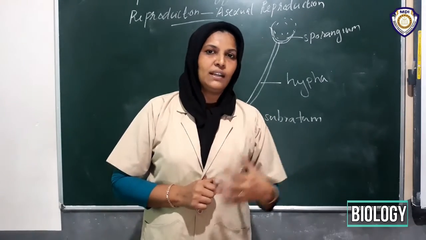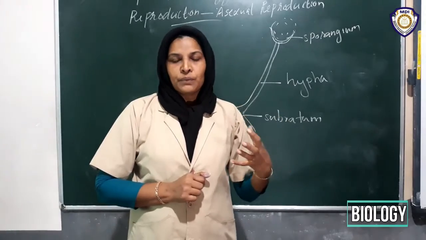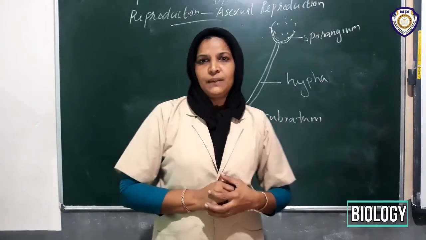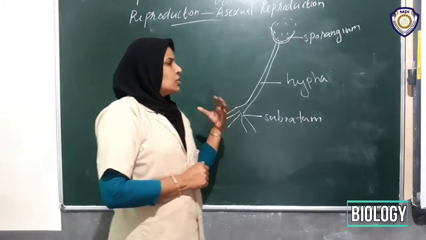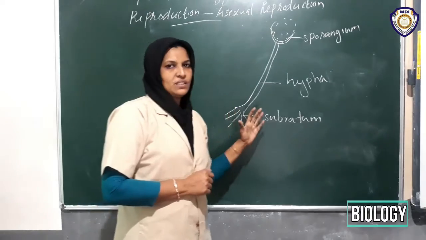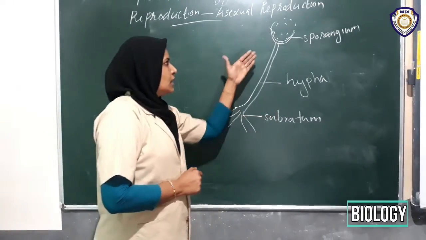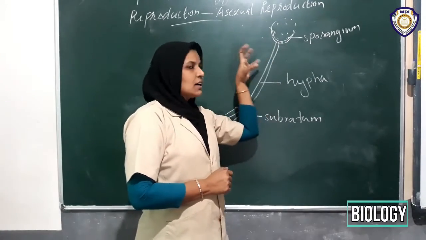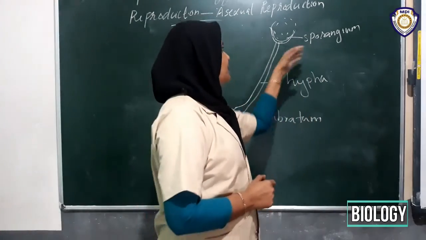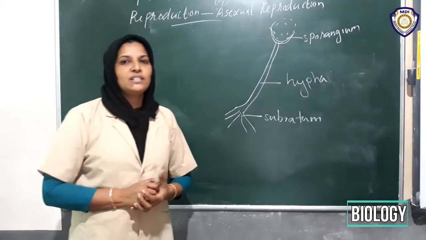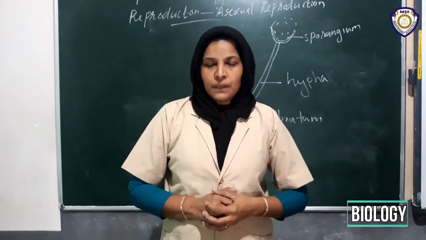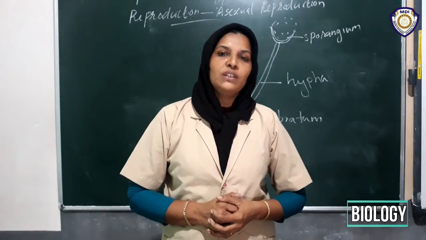If you studied the earlier portions well, it is very easy. At first study the earlier portions, and then you can understand this. Then when favorable conditions come, the sporangia burst and liberate a number of spores. Each spore grows into an adult.